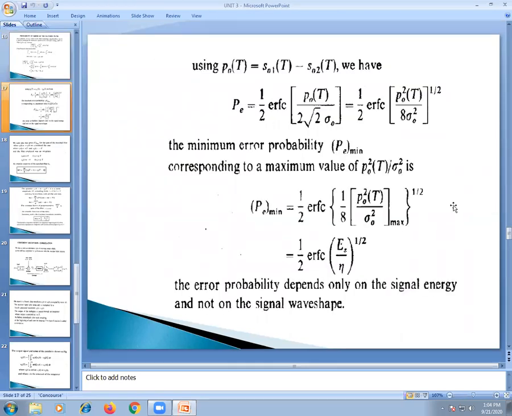So here 1 by 2 ERFC root S by eta is the error probability density function. In the previous class we derived that.